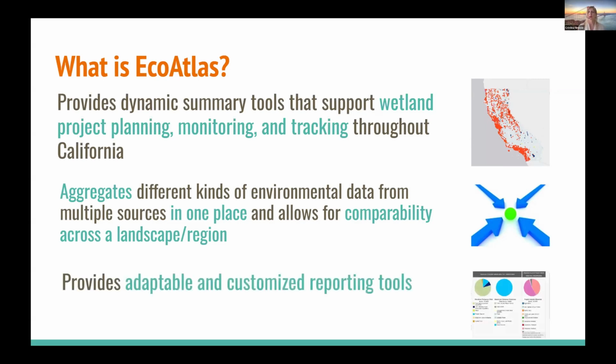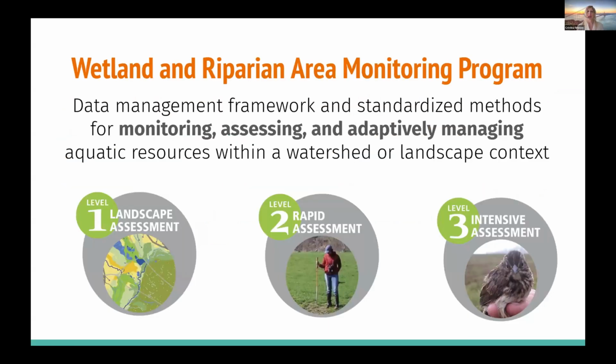And then there are also adaptable and customizable reporting tools that allow you to summarize these different data sets for your project or your area of interest. I will show you some examples of these in a little bit.